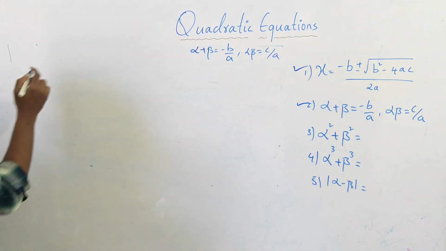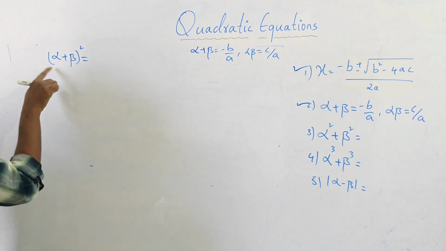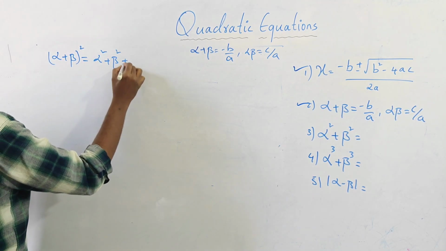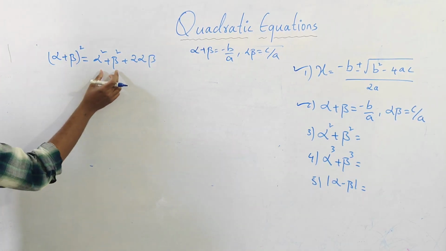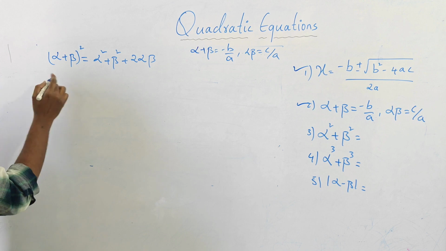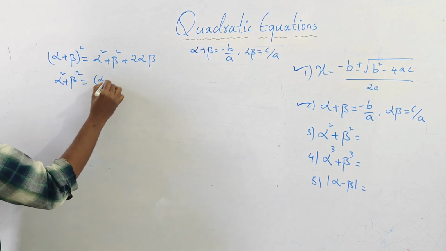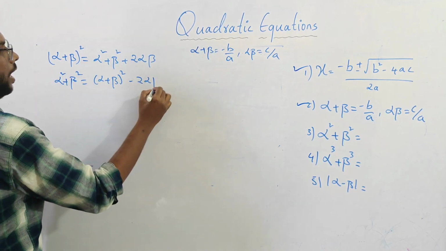Can I write the formula for alpha plus beta whole square? a plus b whole square can be written as a square plus b square plus 2ab, correct? From here I need this term, so send this term here. What is left? Alpha square plus beta square equals alpha plus beta whole square, minus 2 alpha beta.